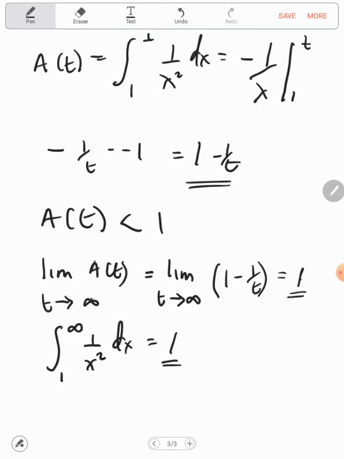Okay, so this of course is an improper integral. Let us define improper integrals in a standard manner.